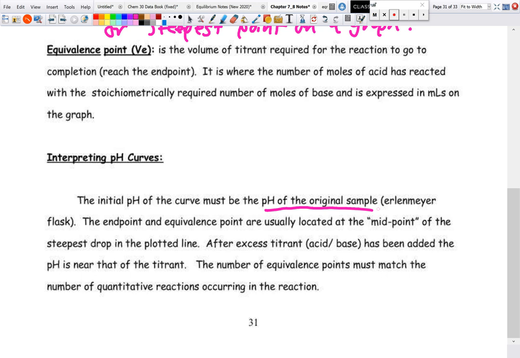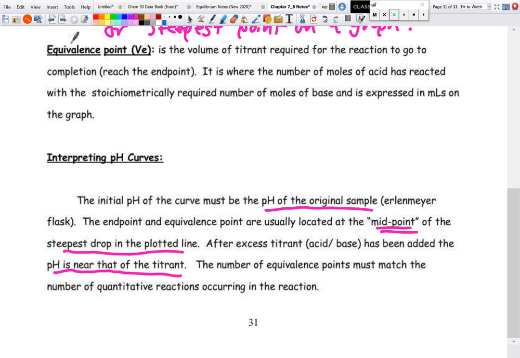If it's above 7, we know our sample is basic. The endpoint and equivalence point are usually located at the midpoint, halfway, or the steepest drop in the plotted line. After excess titrant has been added, the pH is going to start going towards the pH of the titrant. We'll look at what that means in a second when we look at some of the graphs.